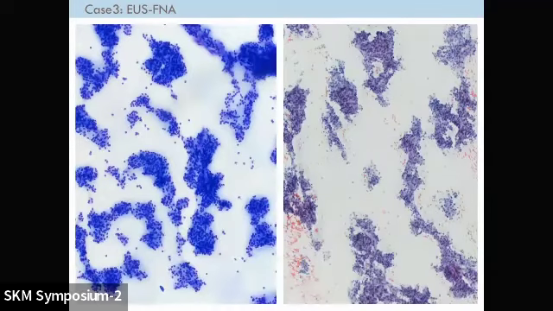And as you can see, they are composed of irregular crowded groups that over here give an appearance of pseudo-acinar formations. And over here, some of them look like a bunch of grapes.